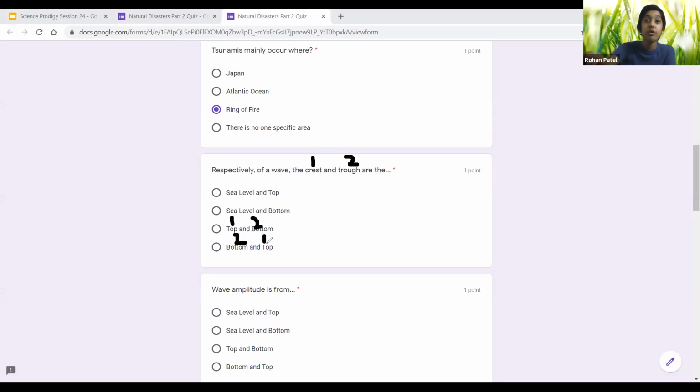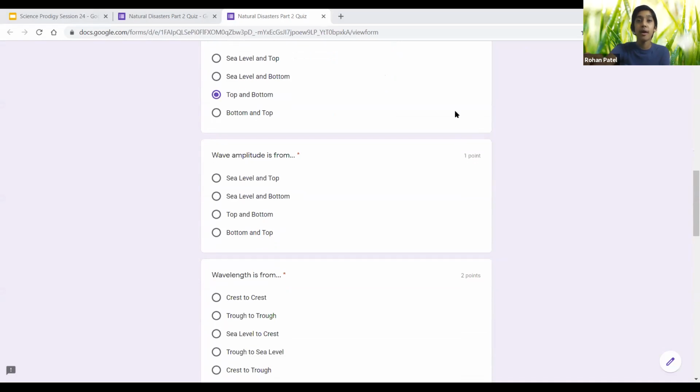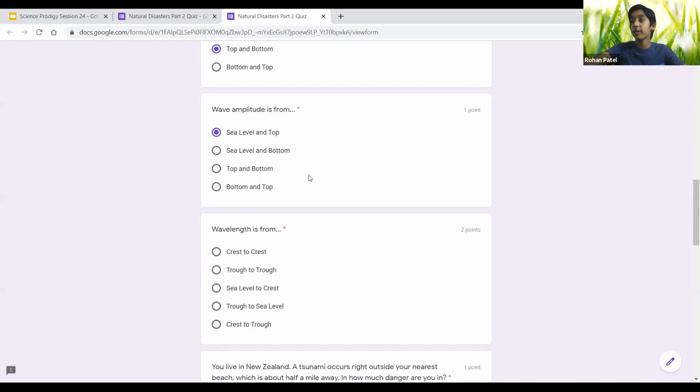So it's the third answer, top and bottom. Wave amplitude is from sea level to the top, which is the crest. Wavelength, on the other hand, is from crest to crest.